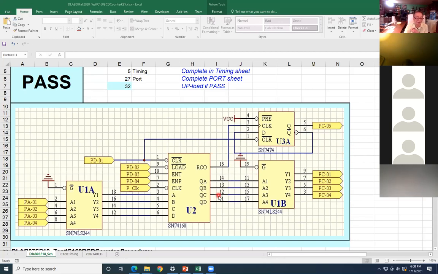To isolate either a U2 problem or a U3 problem? Who can tell me?